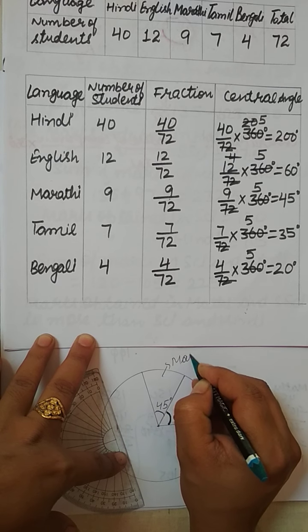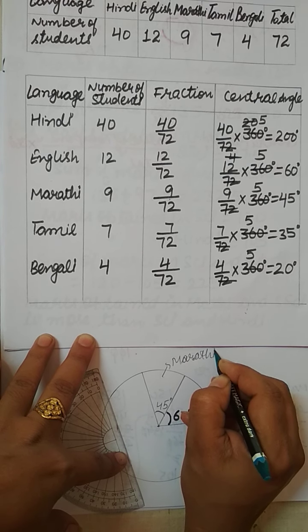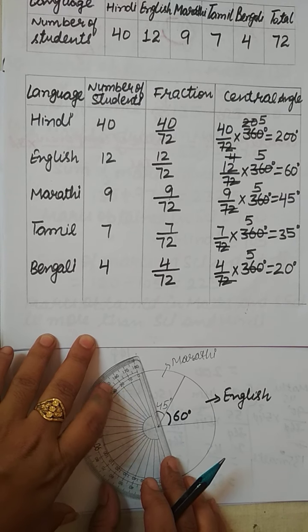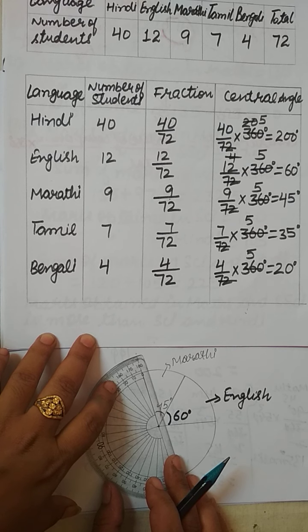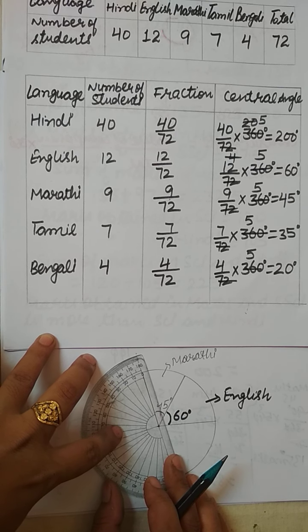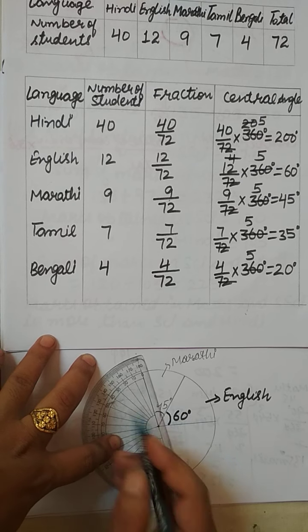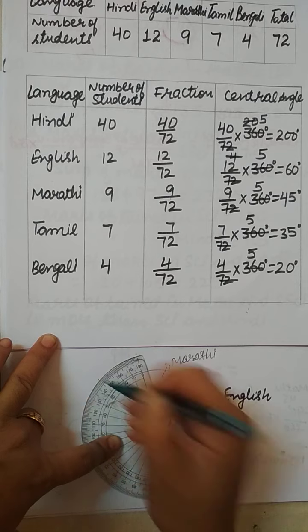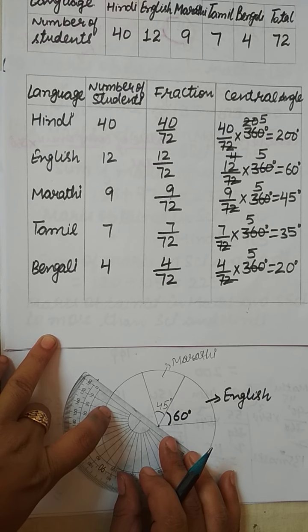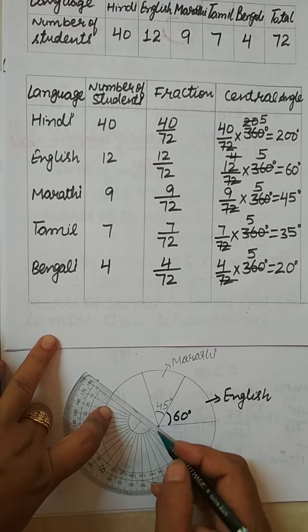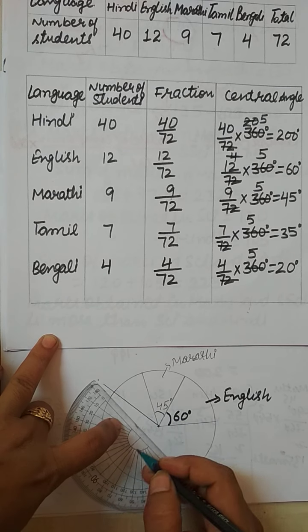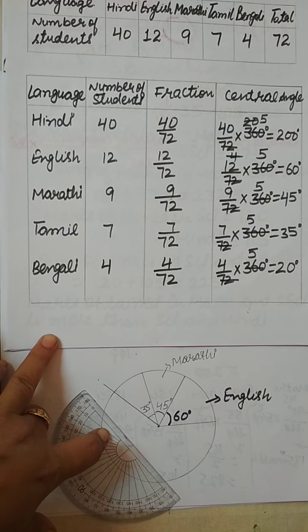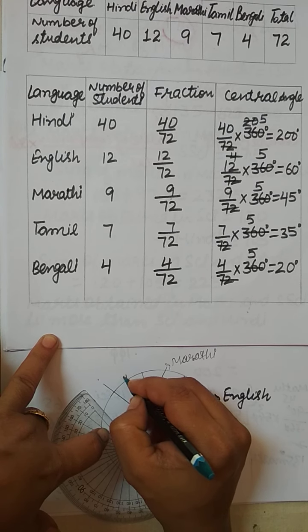So I will write here Marathi. Next is for Tamil, the angle of 35 degree. Now draw the angle of 35 degree by using the protector. This is 35 degrees here. So I will mark here 35 degree and 35 degree angle is for Tamil.